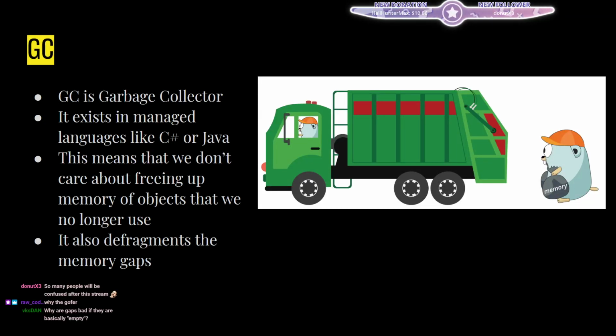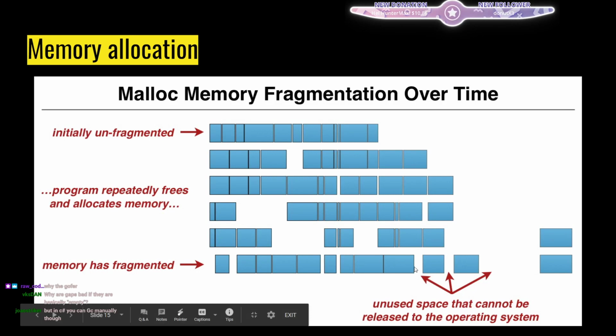But in C#, we don't really care, because we have garbage collectors, which go and basically clean up those spots, free up memory that's allocated, and clean up those fragmented spots.